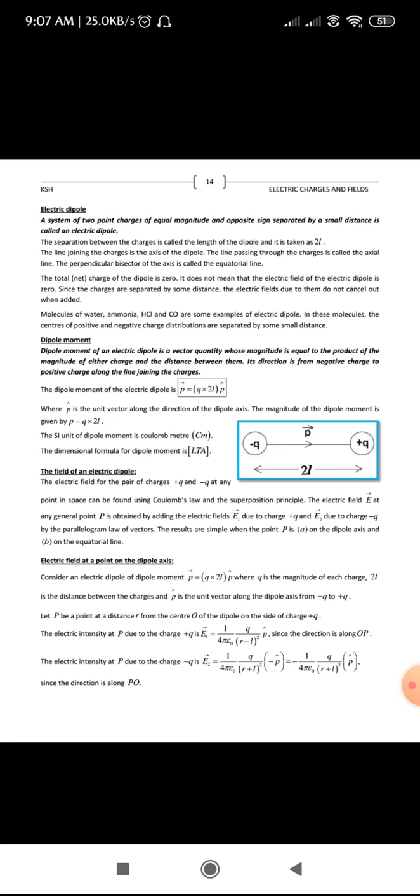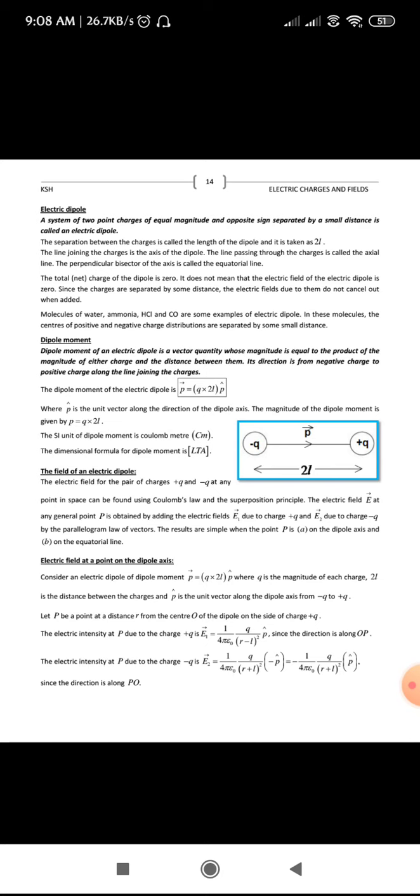Coming to the dipole moment, how do we define it? We take the magnitude of either charge multiplied by the distance between the two charges. The dipole moment is denoted by vector p, so vector p is equal to q into 2l.